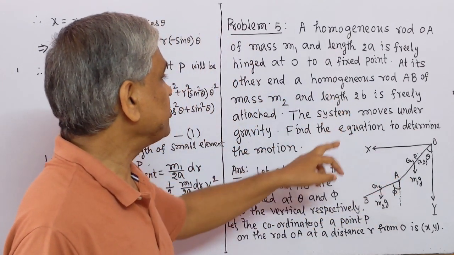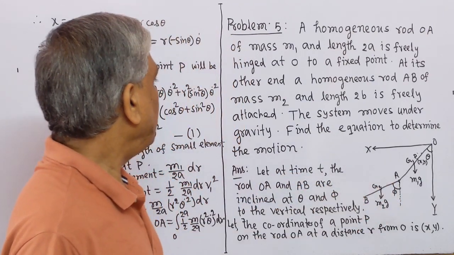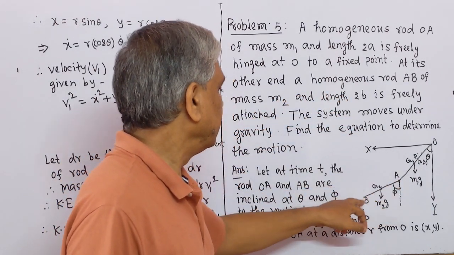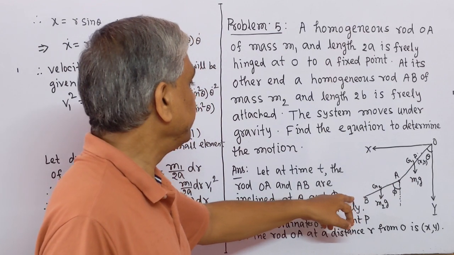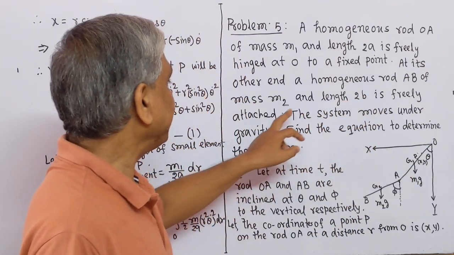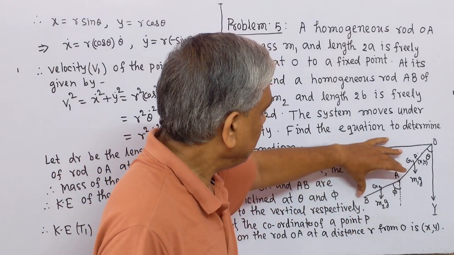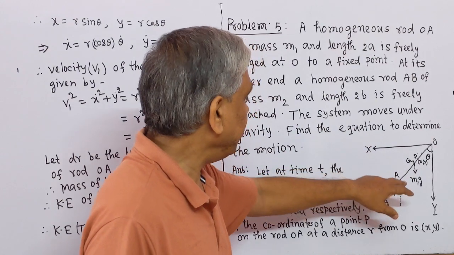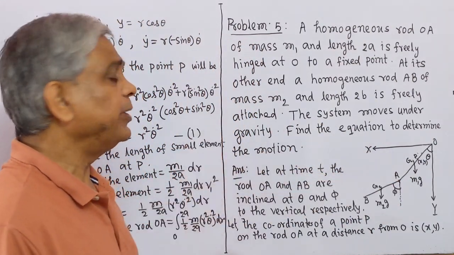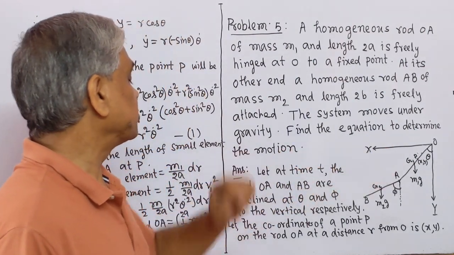A homogeneous rod AB of mass M2 and length 2b, where the length of AB is 2b and the length of OA is 2a, is freely attached at A. The system moves under gravity. Find the equations to determine the motion.